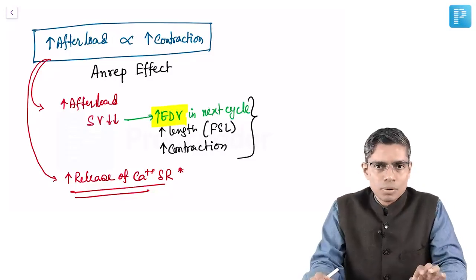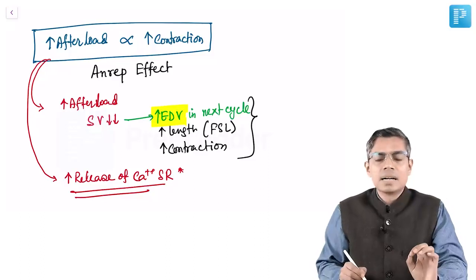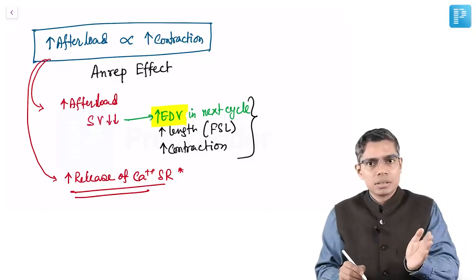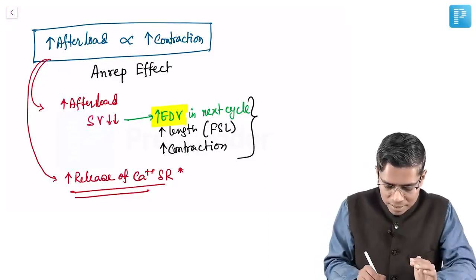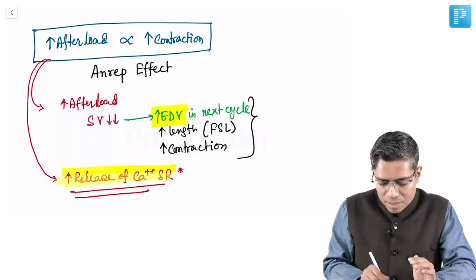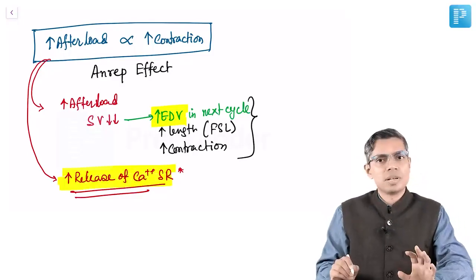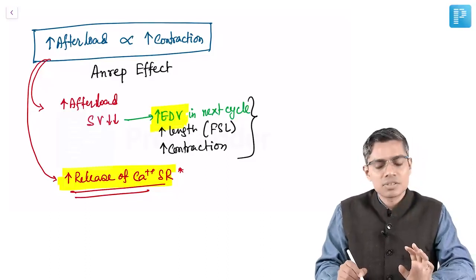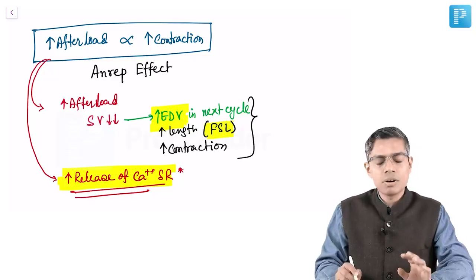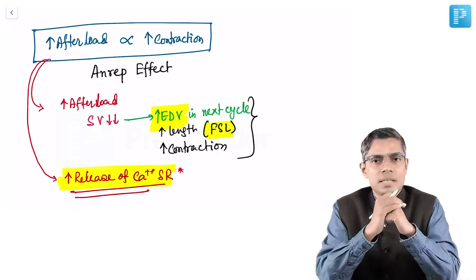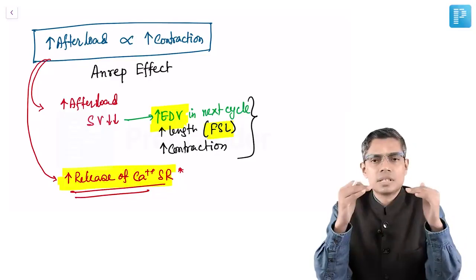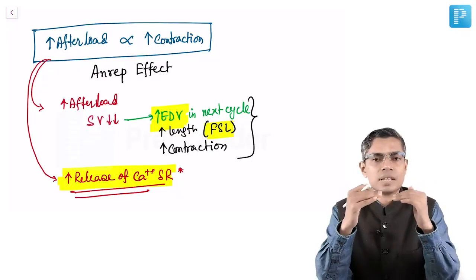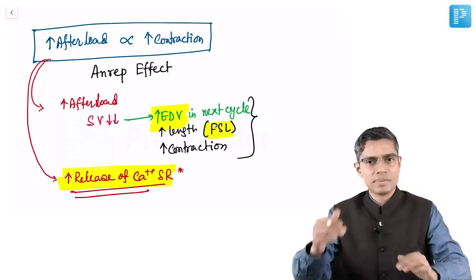It is still not known, but it is said that the chronic, or later, effect of the Anrep effect is increased release of calcium from the sarcoplasmic reticulum, and acutely it increases the end diastolic volume, and by Frank-Starling law, force of contraction increases, right? So this is all about the regulation of cardiac output by multiple factors.